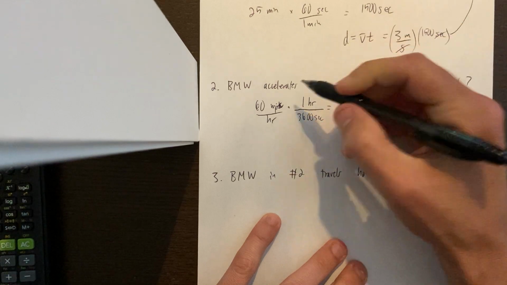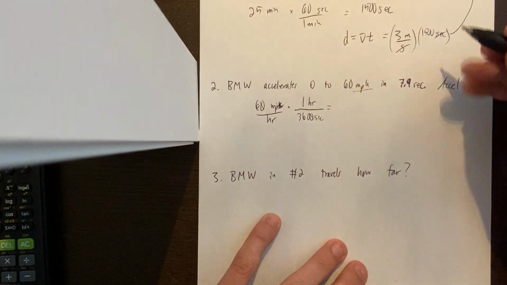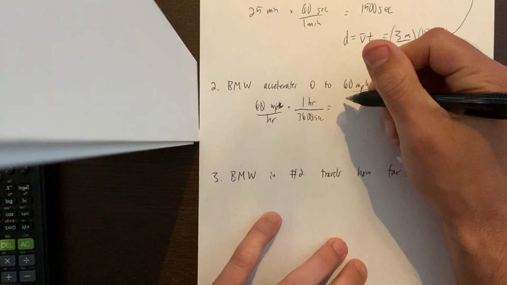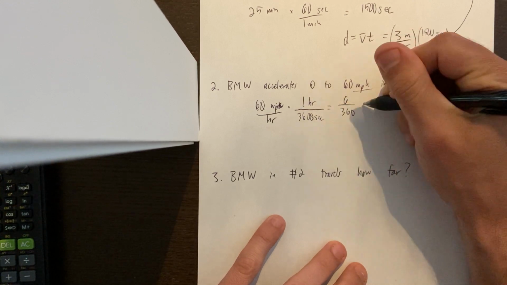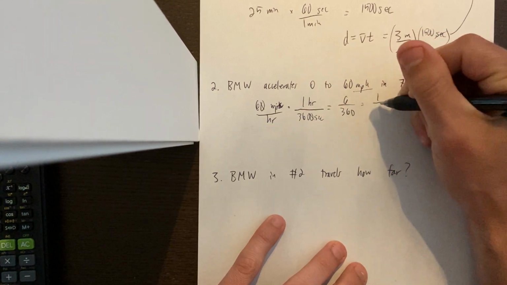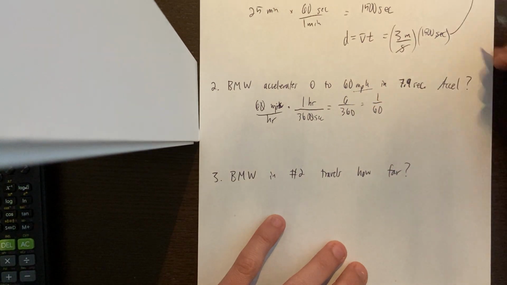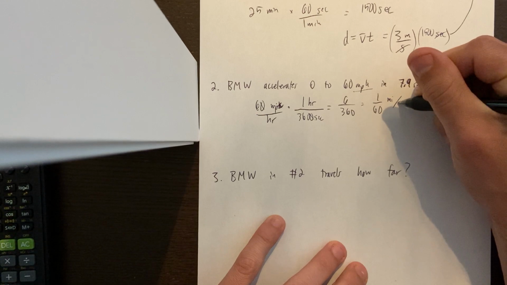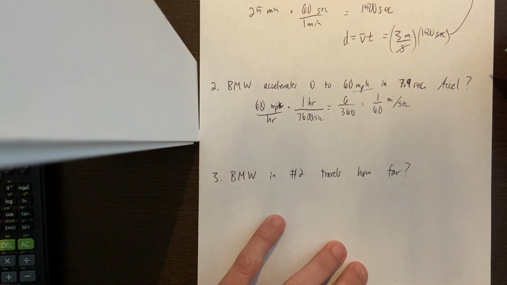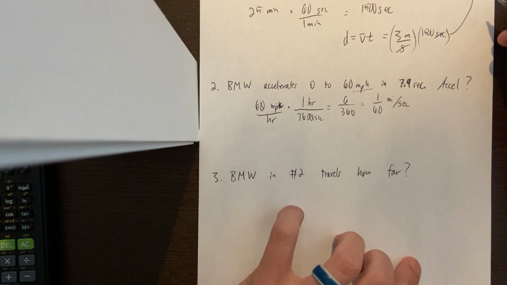And so what we get here, let's see, that's going to go 1 over there. And so we get 6 over 360. Well, that again will be 1 over 60. 1/60th of a mile per second.